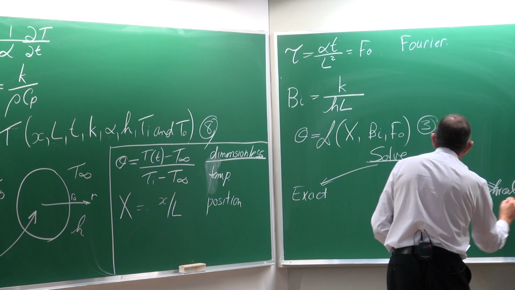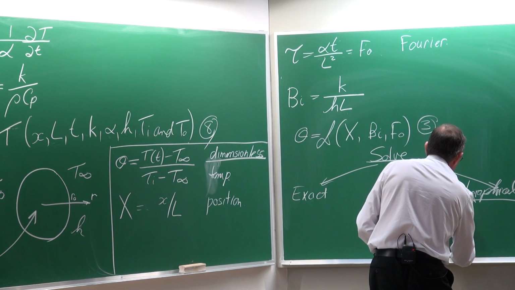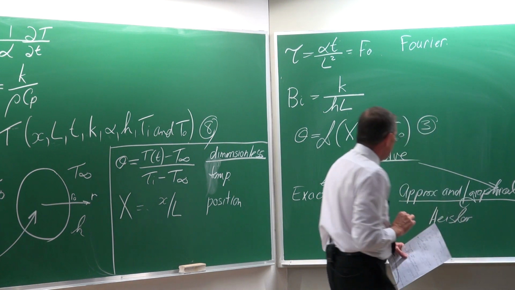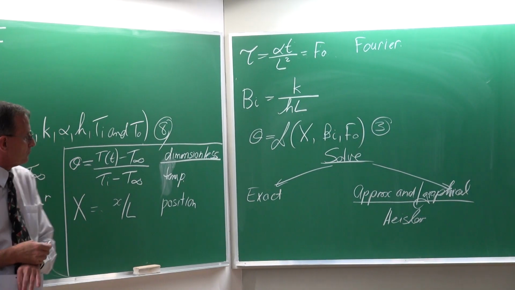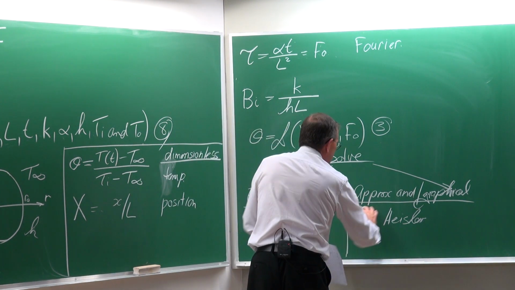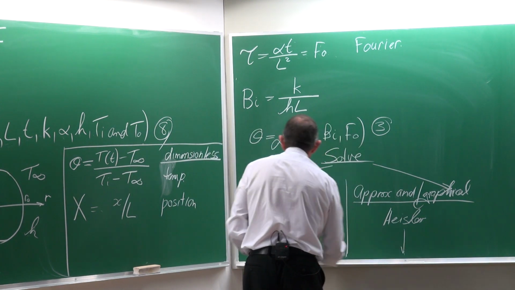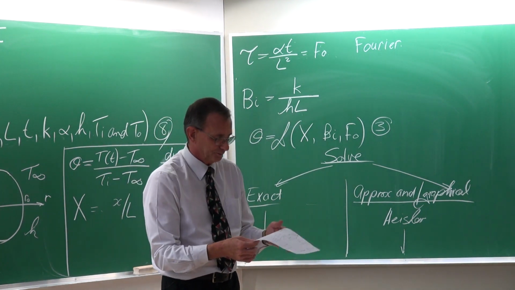And the graphical solutions are called Heisler charts, in recognition of Professor Heisler, who generated them. So there's an exact solution and there are approximate solutions. All the details are given in your textbook and all the details on this side also.